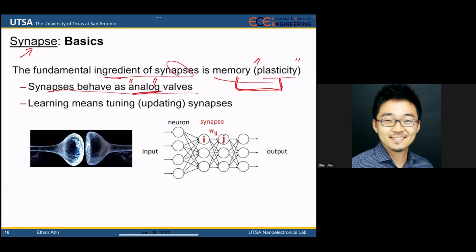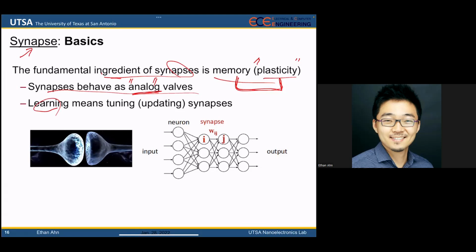Learning and memory actually take place in the synaptic component. Neurons are more about firing, sending and receiving all these electrochemical signals, but when it comes to learning and memory, the synapse is where all those things happen.